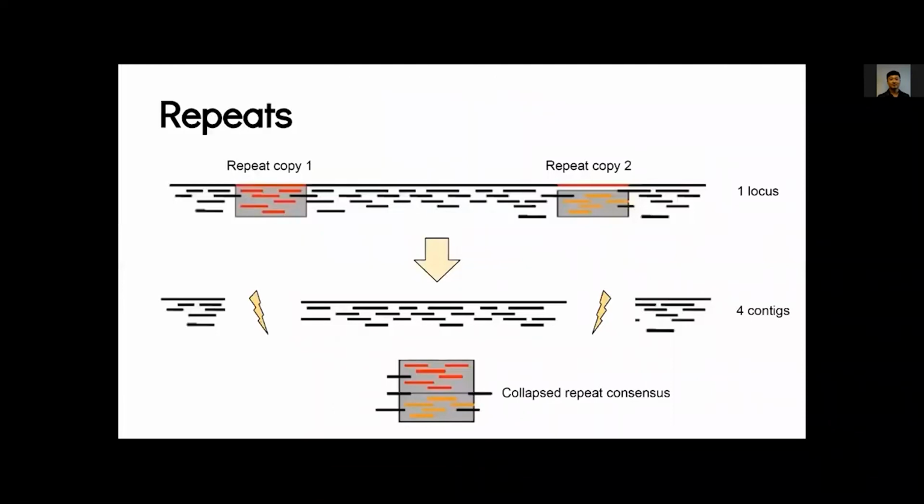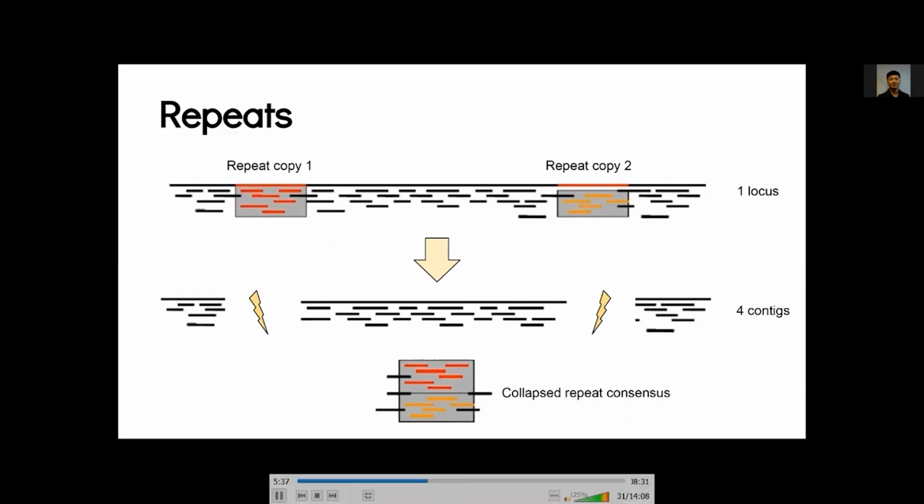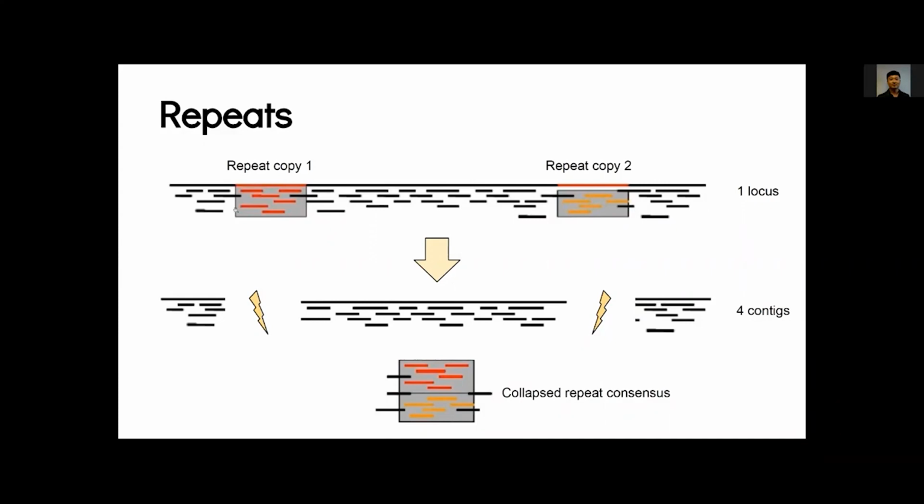One reason we know least about the structural variations among all the mutation types is that genomes often have repetitive regions, and the conventional sequencing is short read sequencing.